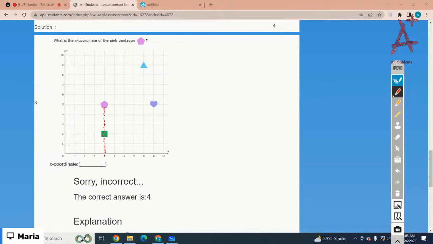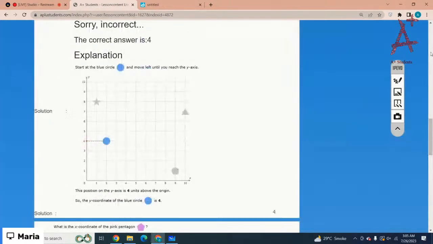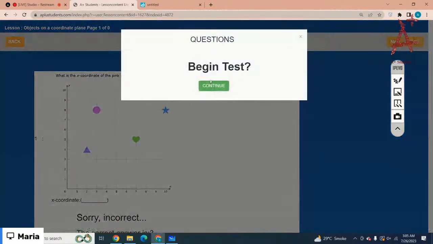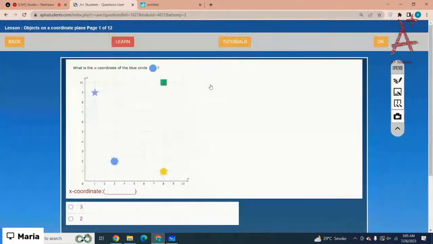Let's just start with the practice questions. What is the x coordinate of the blue circle? Which is the correct option, 3 or 2?